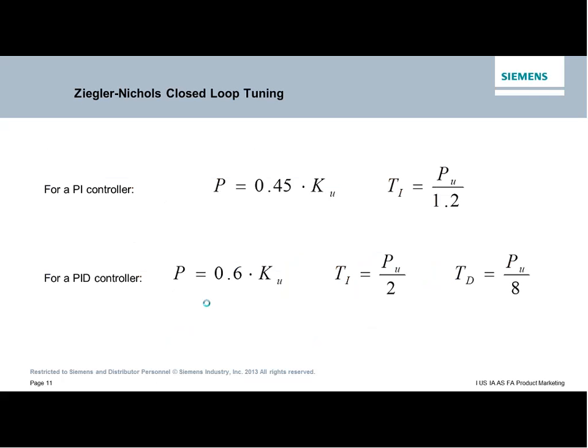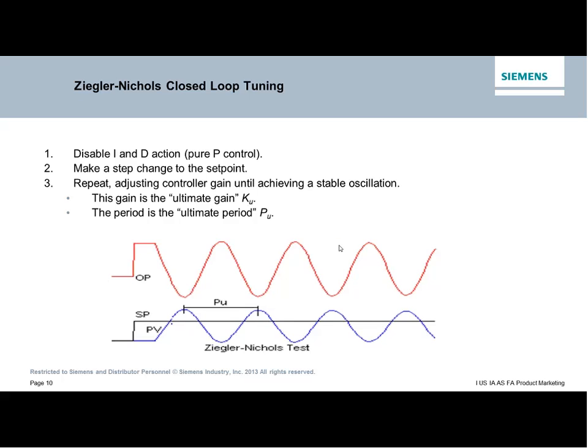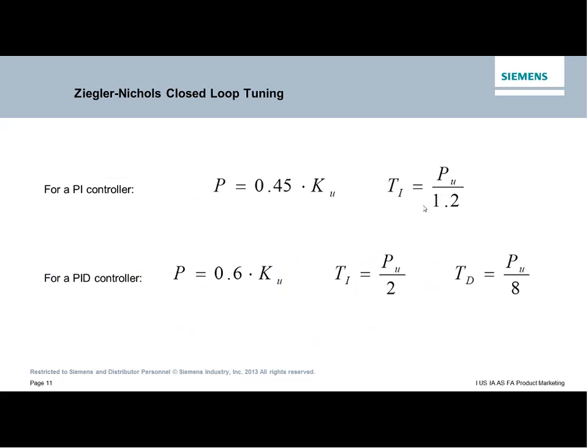Using those numbers, we can come up with a shoot-from-the-hip way of tuning a loop. For the P value, we're going to go at about 0.45 of that oscillating value. For the I value, we look at the period of time it took to oscillate and divide that by 1.2.